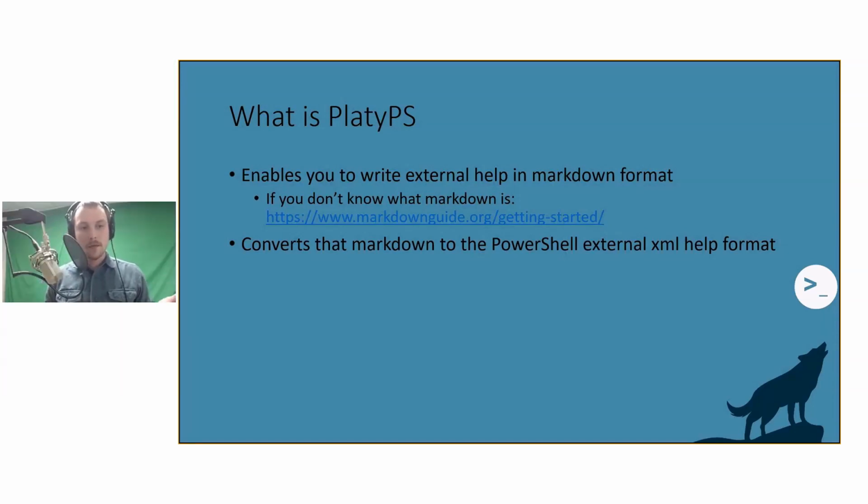It's just a way that you can write text that can be converted into something that looks nice. And so PlatyPS will allow you to edit help files for your commandlets in Markdown, and then convert that Markdown to the PowerShell external XML help format, which is a pain to edit manually.